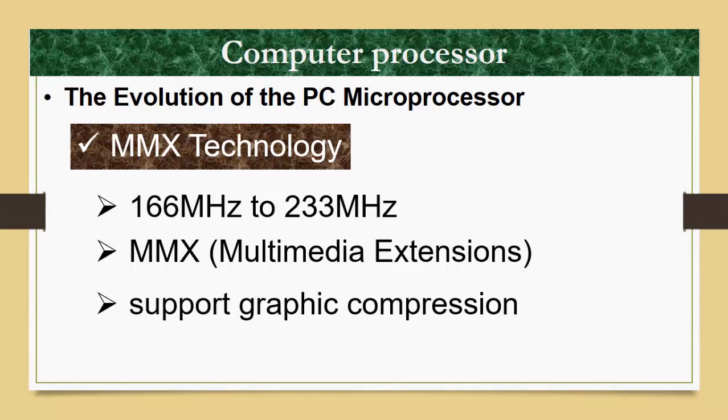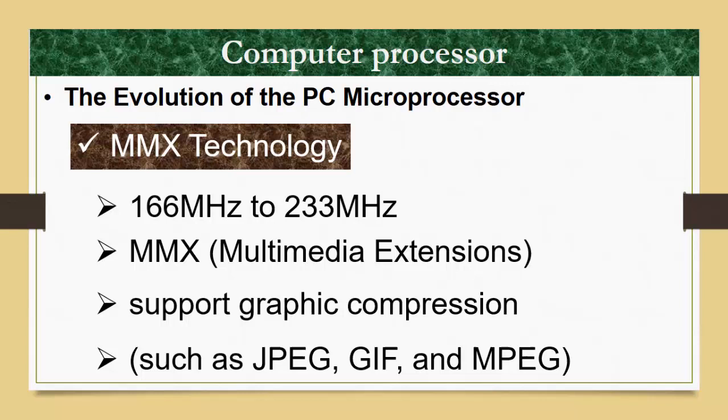MMX technology is a set of instructions that use matrix math to support graphic compression and decompression algorithms, such as JPEG, GIF, and MPEG, and 3D graphics rendering.